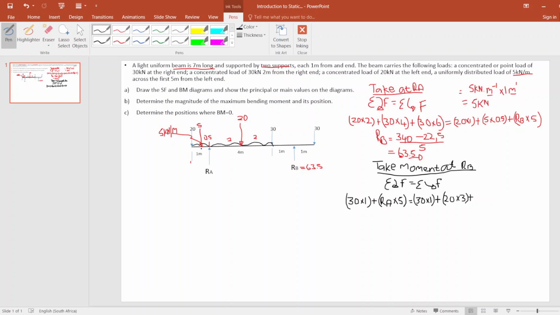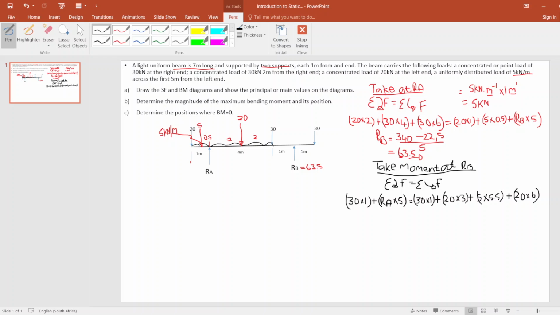The distance from where 5 is to where RB is, I'm having 1 plus 4 plus this smaller distance 0.5, then I'm having 5.5. It will be 5 multiplied by 5.5 plus 20. The distance from where 20 is to where RB is, it is 1 plus 4, it is 5 plus 1, it is 6. It will be multiplied by 6.